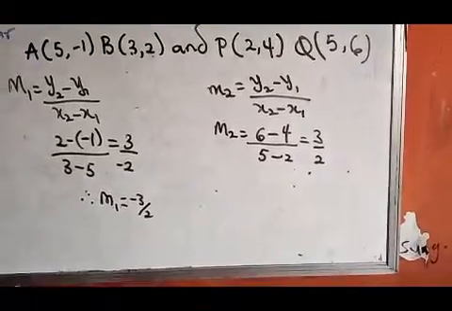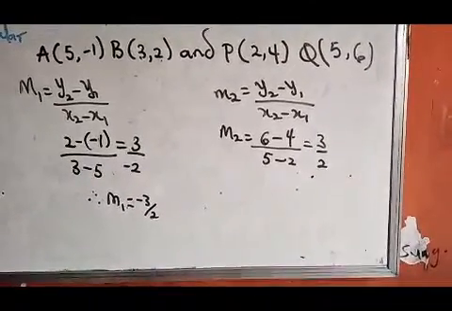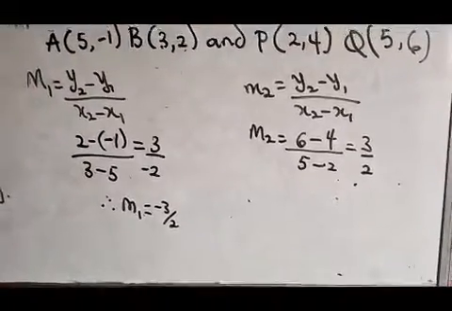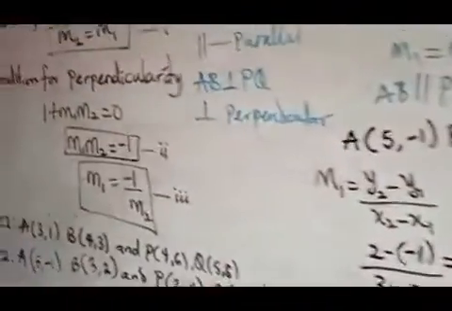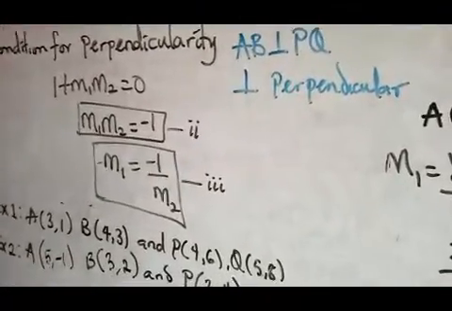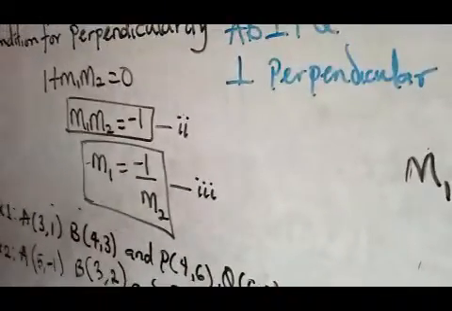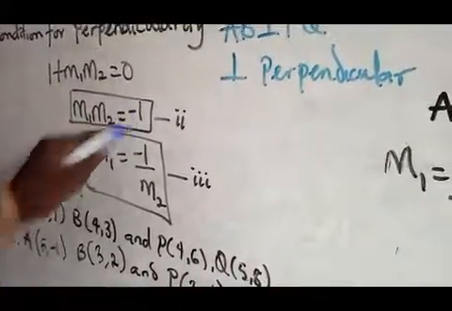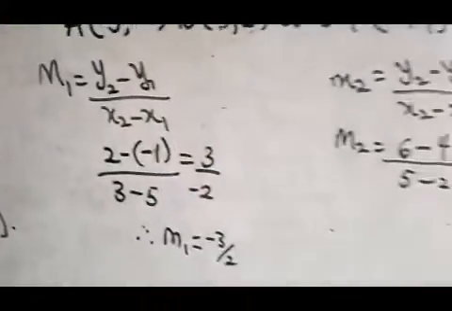No. So let me check if they are perpendicular, because if they are not parallel, then they have to be perpendicular. So using my perpendicularity formula, which says that m1 multiplied by m2 should give me minus 1. So if I multiply my m1 with my m2, if they give me minus 1, then they are perpendicular. Alright, so let's check for that now.